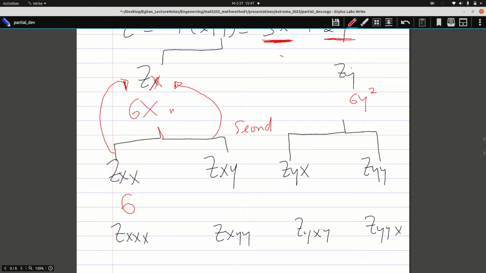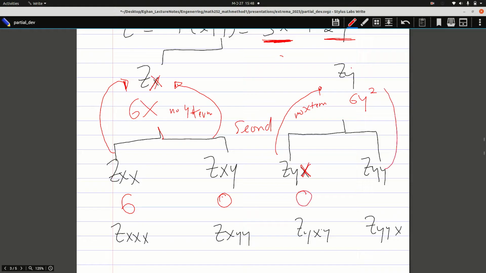Because there's no y term here, I'm going to get 0. Okay, the same thing, go back to zy and now differentiate with respect to x. Because there's no x term in the answer I had, I'll get 0.